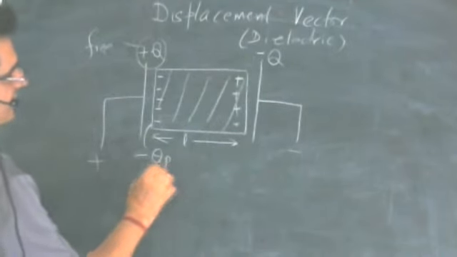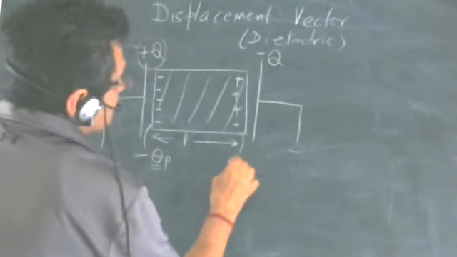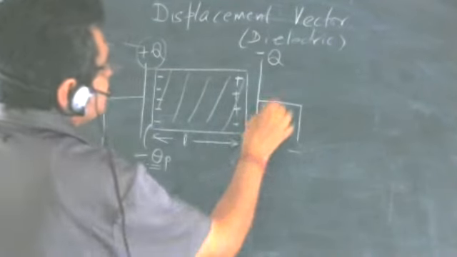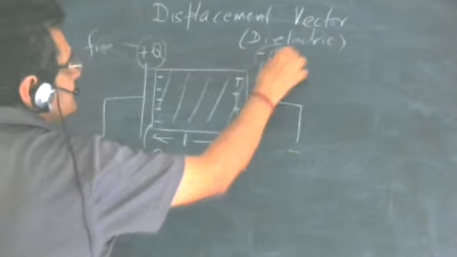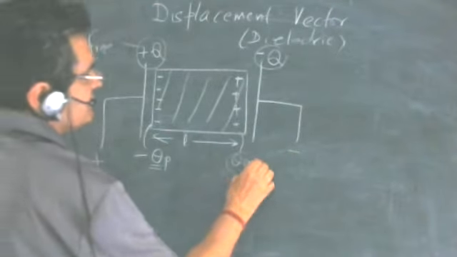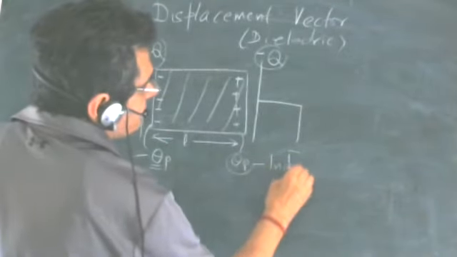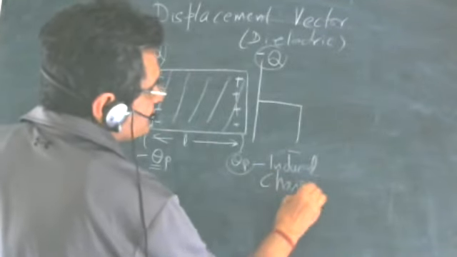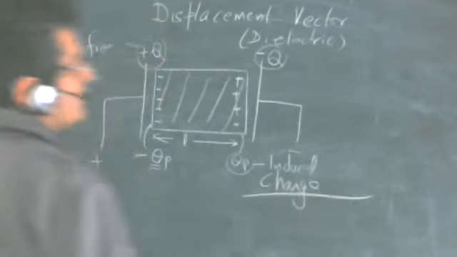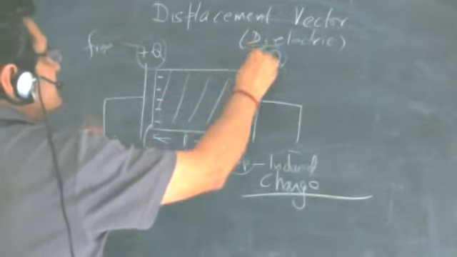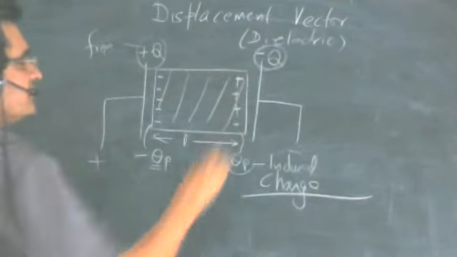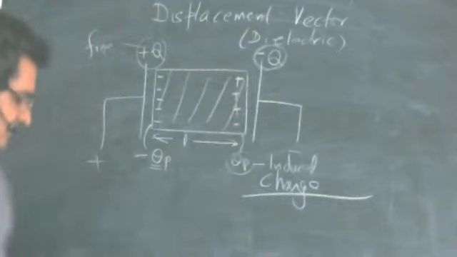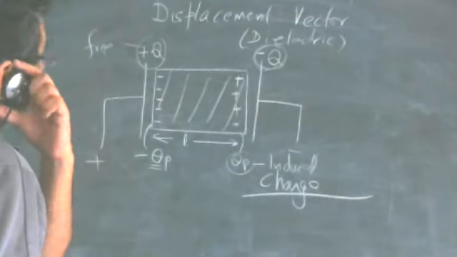It is shown as Q minus QP. It is QP. Please differentiate between this and this. This is the induced charge on the surface, and this is the free charge on the surface of the plate of the capacitor. This is on the surface of the dielectric.